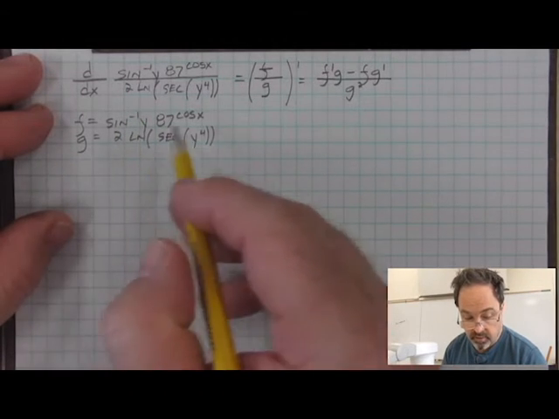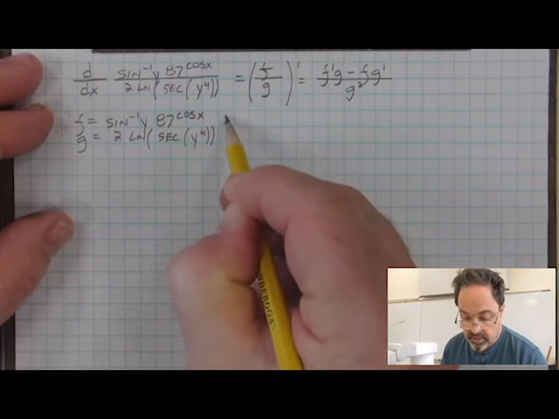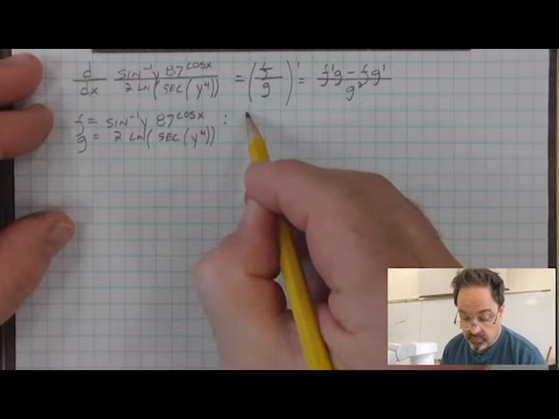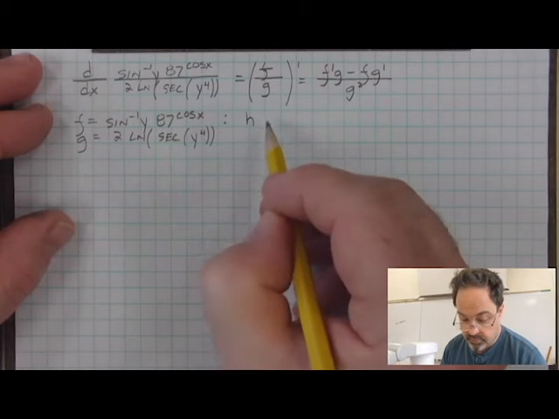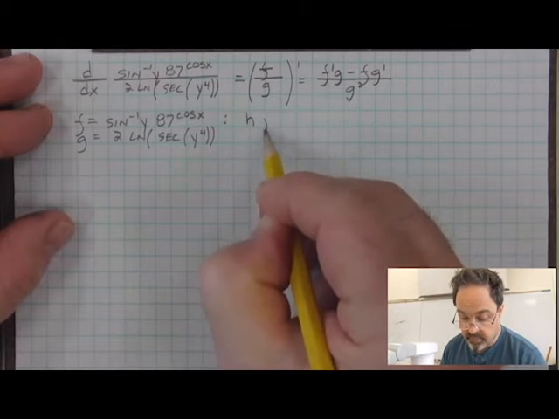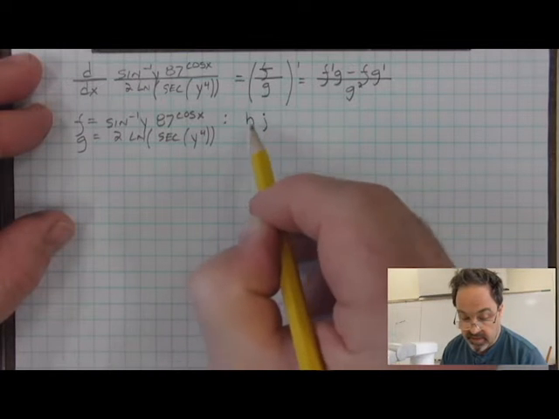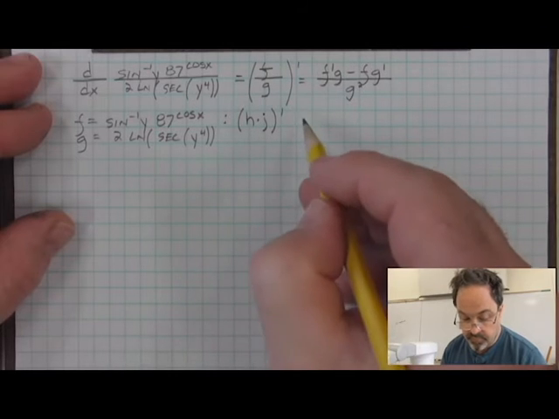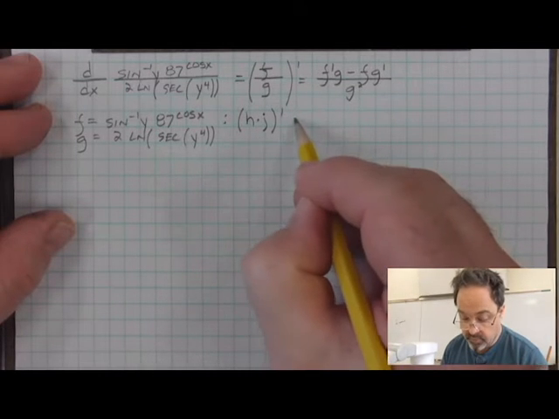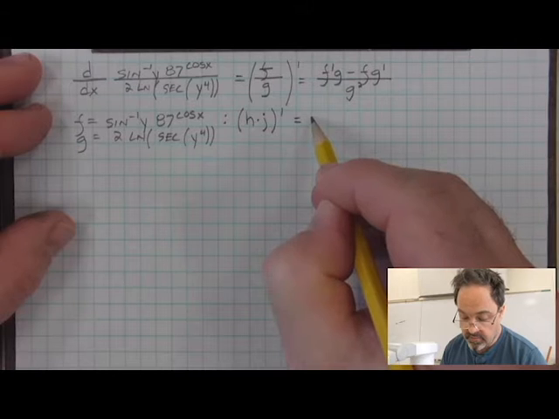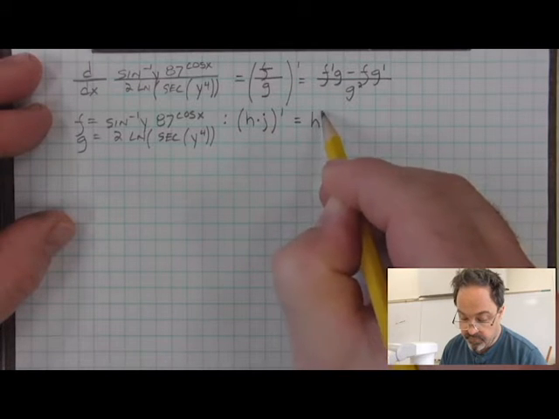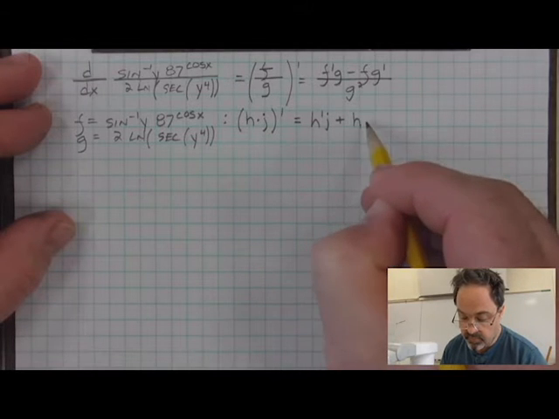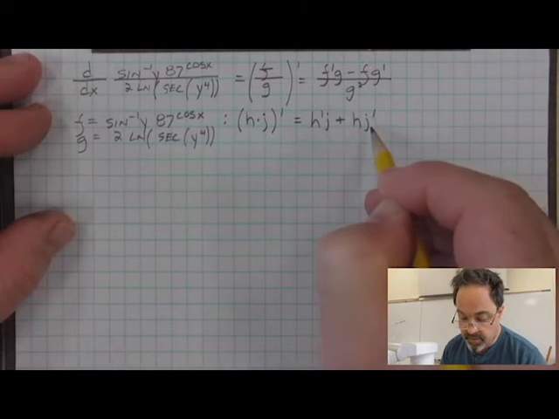The structure of the f function is the product of two functions. So I'm going to choose two new letters to represent those pieces, in this case h and j, and remind us that the derivative of a product of two functions is the derivative of the first factor times the second plus the first times the derivative of the second.